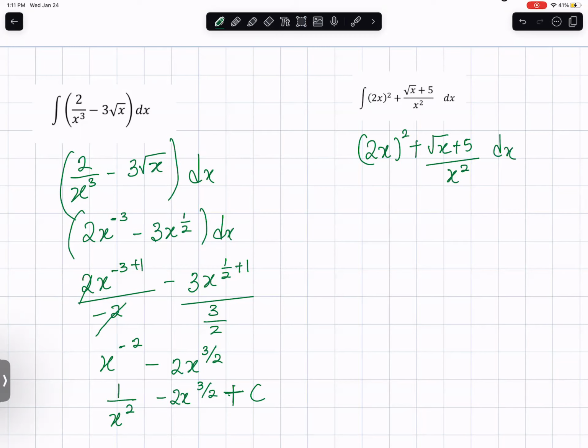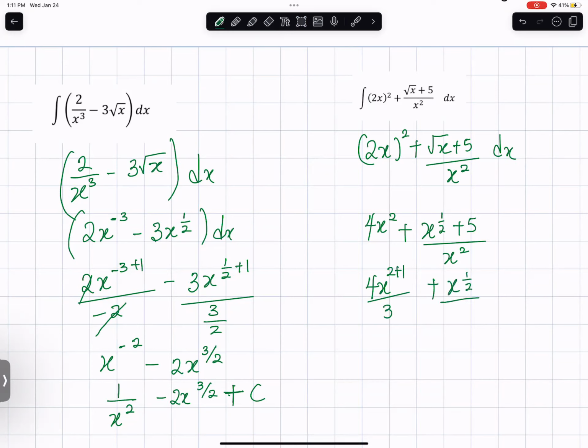So open this bracket, I have 4x squared plus root x, which will give us x raised to the power of half, plus 5 divided by x squared. So we have this guy gives us 4x raised to the power of 2 plus 1, which is 3, divided by 3 plus, I will separate this x half over x squared plus 5 over x squared. Let me add my c to this, the final part.